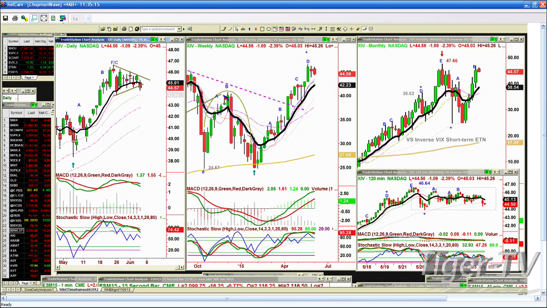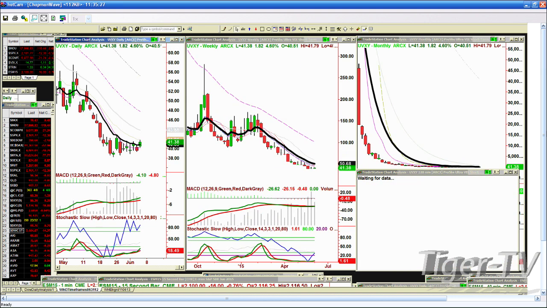And I don't really care what it is, as long as it does what it's supposed to do for me. And the timing is key. I've traded the UVXY several times, and what you find is that you've got to get several consecutive days of the trend. Correct. So my thinking was, if I can get 2 or 3 days of the proper trend, then it's worth it. Otherwise, I'll step aside.